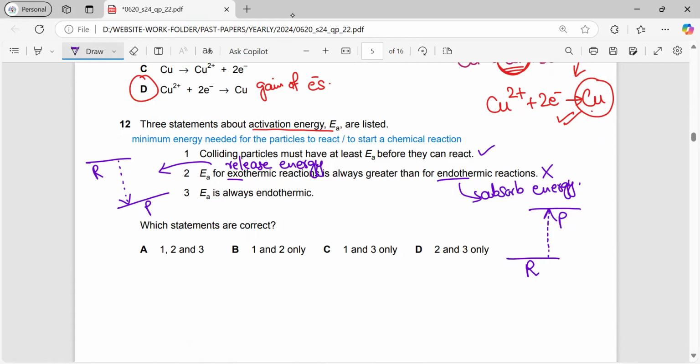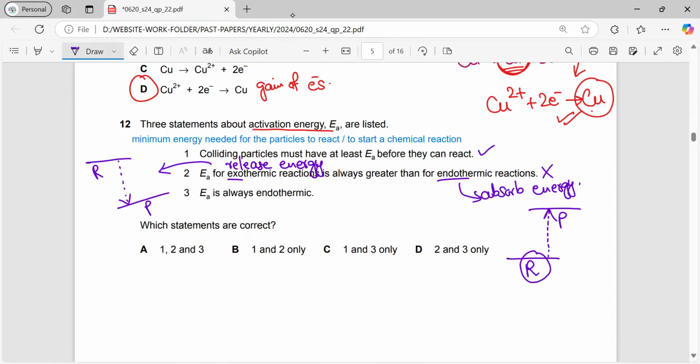So the product level is always higher for an endothermic reaction. They do not have energy, they need to absorb energy. So the activation energy for the reactants will be higher. For endothermic reactions, the activation energy is higher, which they have to reach to turn into the product.